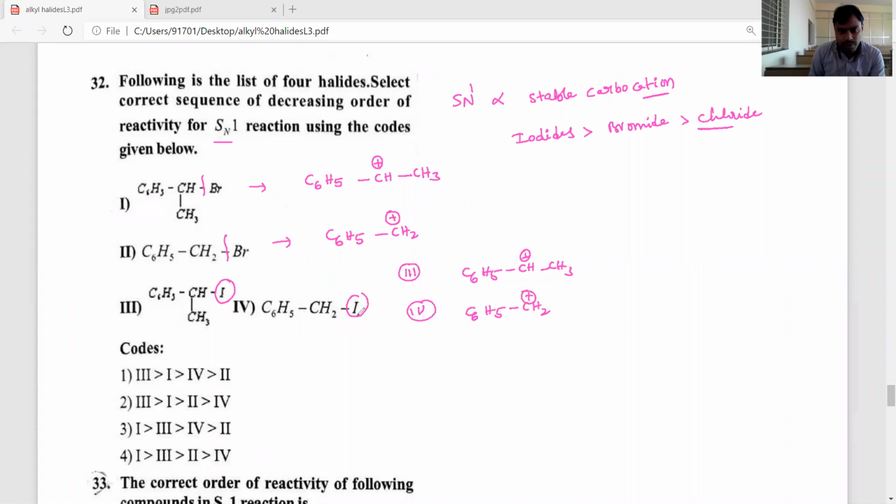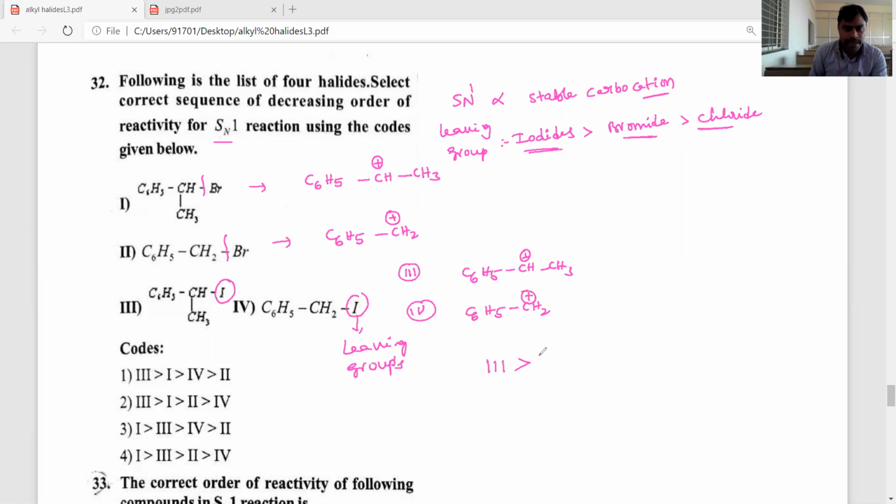But here the leaving group is iodine. Iodides are more reactive when compared with bromides and then chlorides. That's why the third is more reactive.